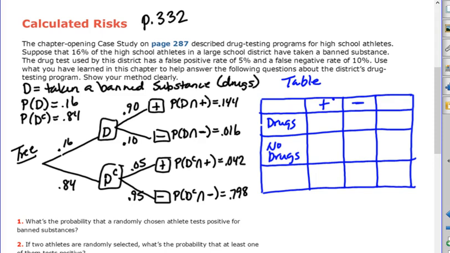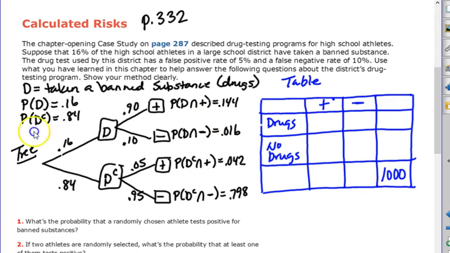Now, when we do a table like this, what I like to do, instead of using percentages or probabilities, is pretend that there's actual people. So let's say, and I like to pick a big enough number so I end up with nice whole numbers. Since these are all 3 decimal places here, when you multiply these, let's use 1,000 for our population. So let's say we have 1,000 students.